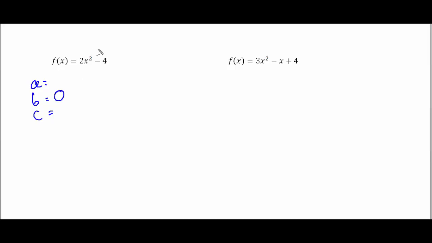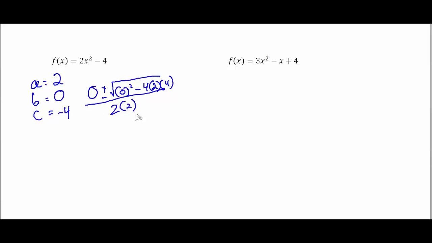There is no x in this problem. This binomial has an a in front of the x squared, no b, and the number by itself is c. So here we have 0 plus or minus the square root of b squared, in this case 0 squared, minus 4 times a times c, all divided by 2 times a, or 2 times 2.